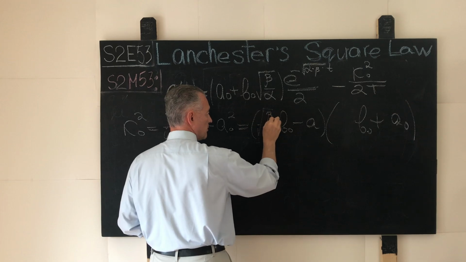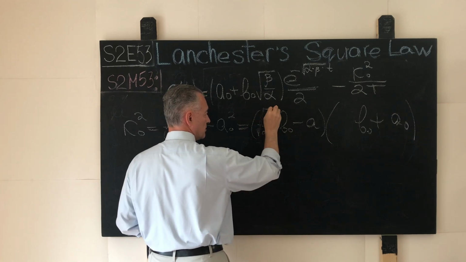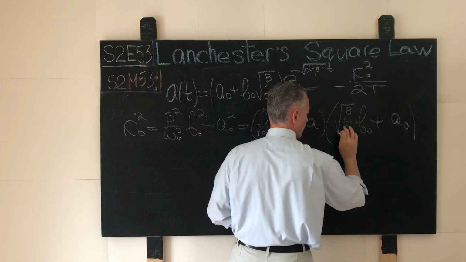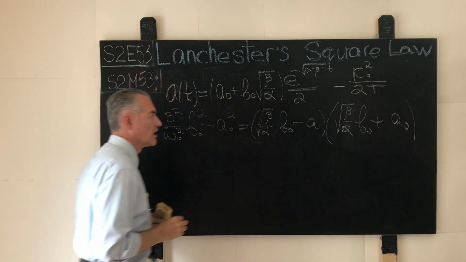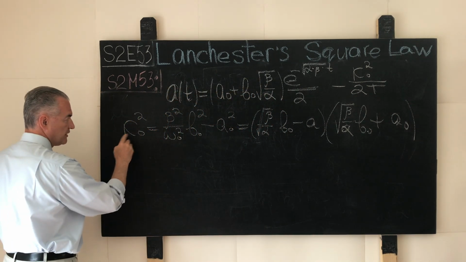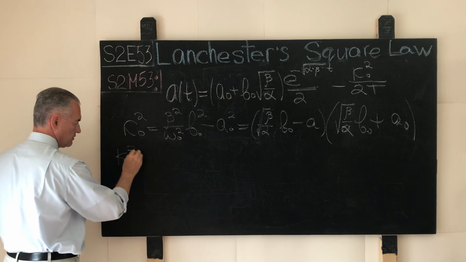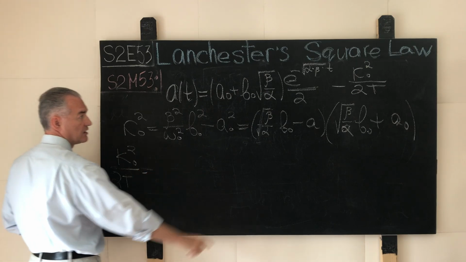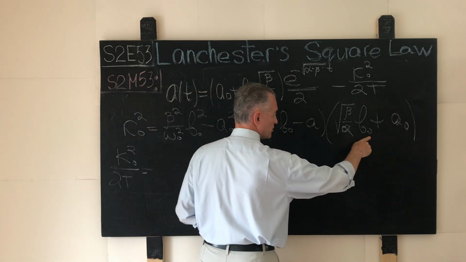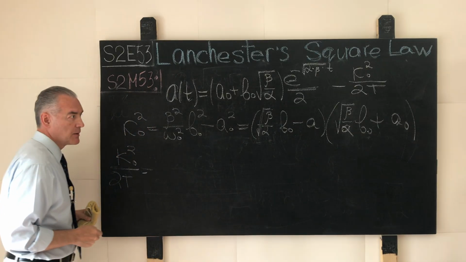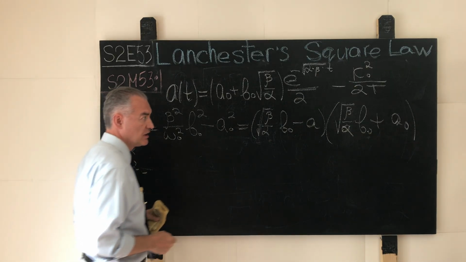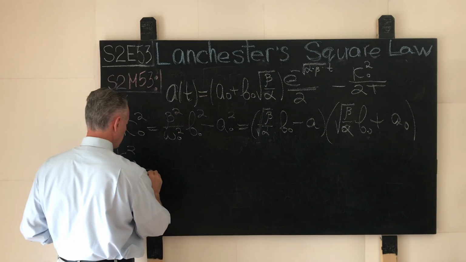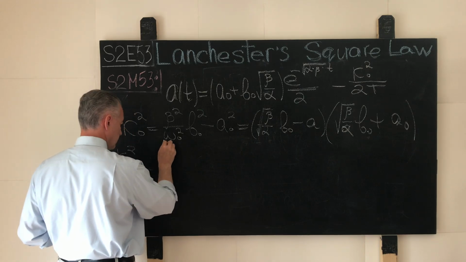Square root of beta over alpha. And here it will be square root of beta over alpha. And now our term k squared 0 over 2t will be this expression times this expression. And what do we divide it by? Remember, what did we divide it by? We divided it by this expression. Let's do it this way. Let me spell it out.